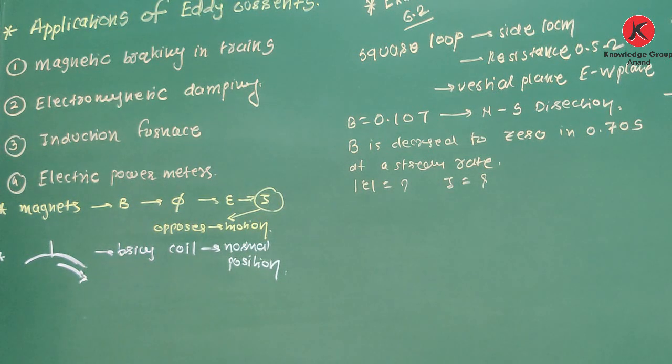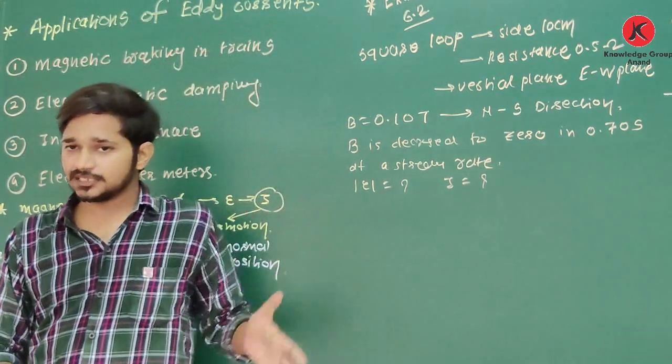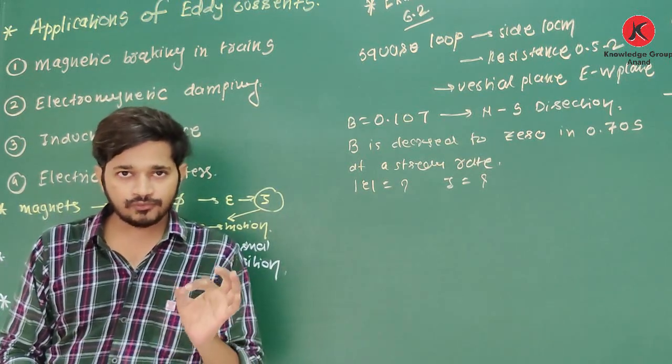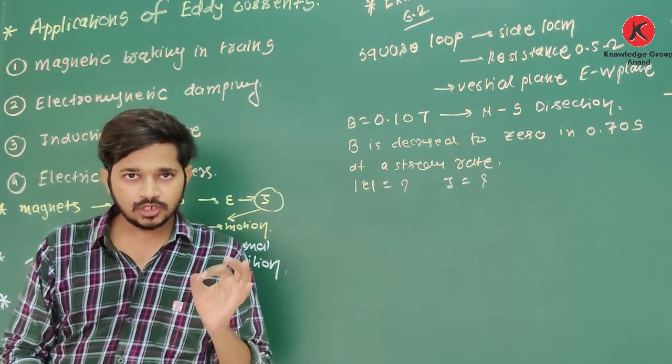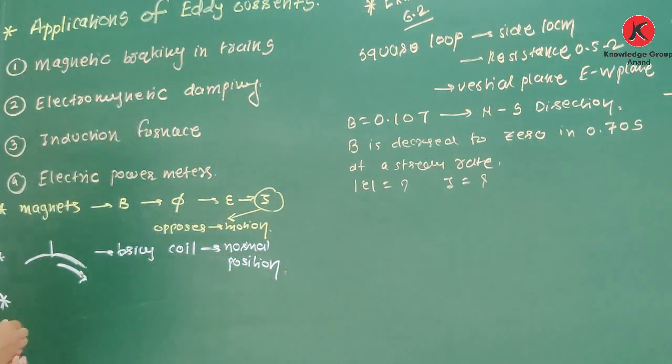Third one is induction furnace. You know what is the purpose of a furnace? Furnace is used to melt any metals, to make alloys. Yes or no? How? Like this.